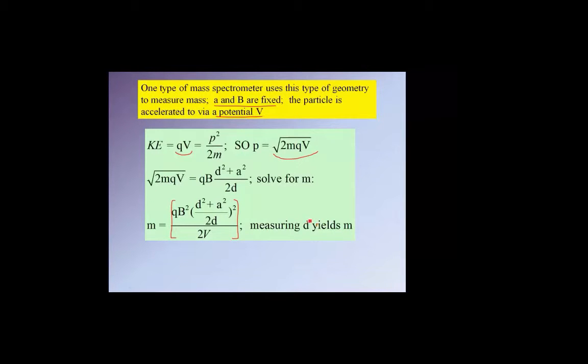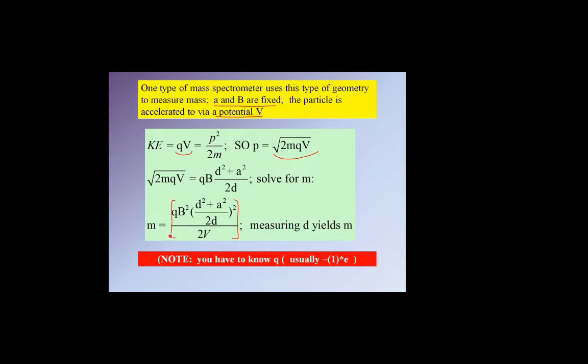And if you look at the mass spectrometers that use this technique, the size of these things can be several, well, let's say 2 or 3 meters in extent. What does that do? It just gives you a bigger deflection, and if you measure this extremely carefully, that gives you a good measure of mass. And I'm talking about separating isotopes, for example.